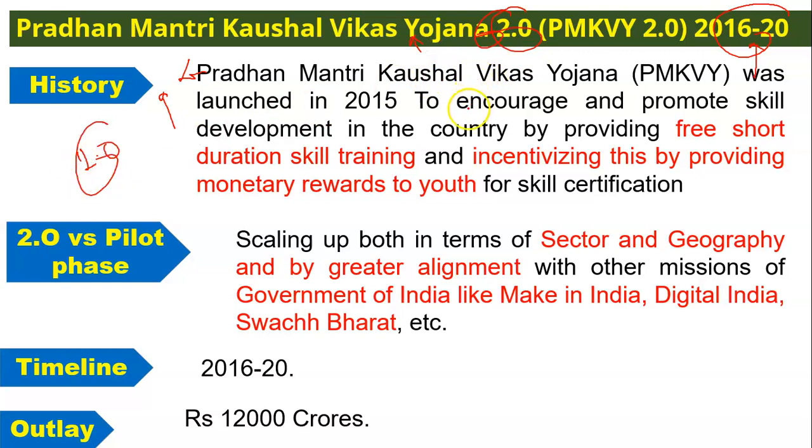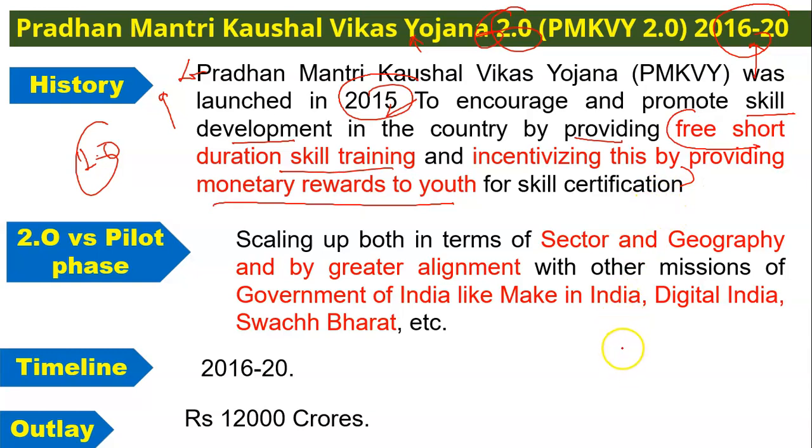So this Pradhan Mantri Kaushal Vikas Yojana was launched in 2015, and its main aim was to encourage and promote skill development in the country by providing free short duration skill training and incentivizing this by providing monetary rewards to youth for skill certification.